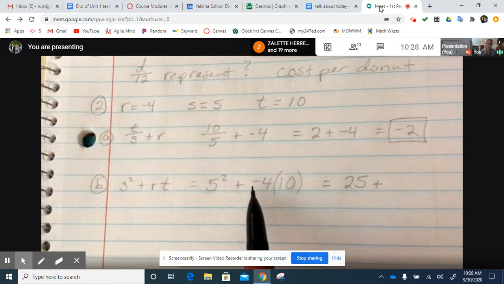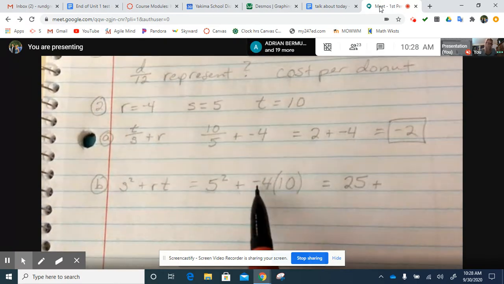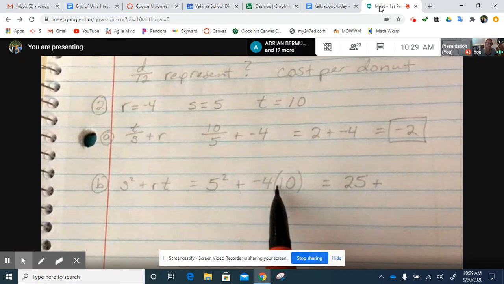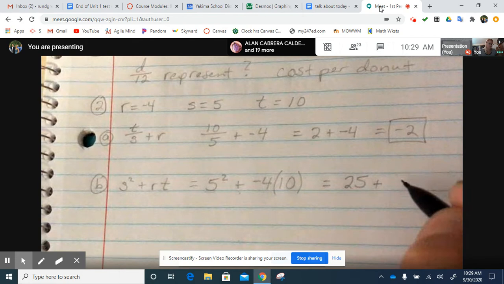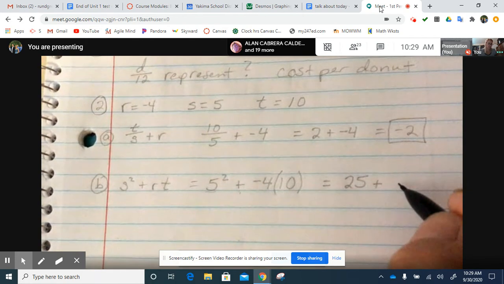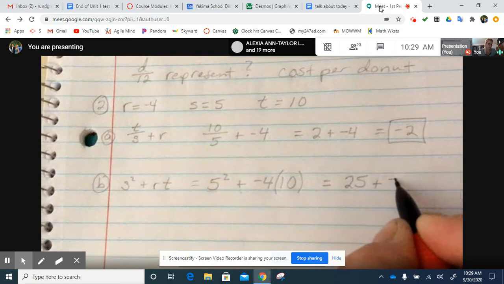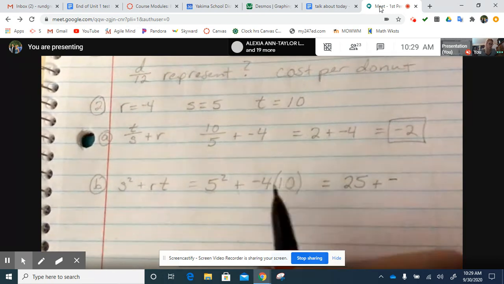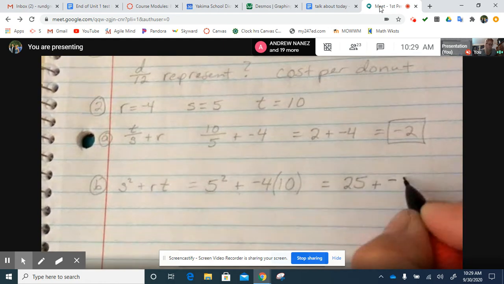Okay, first let's talk about positives and negatives. We have negative times positive, which is going to give us a positive or negative. Remember, they're opposite signs, so it'll give us a negative. Okay, and then what's 4 times 10? 40.